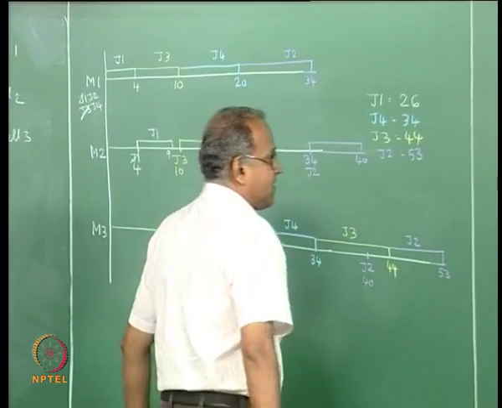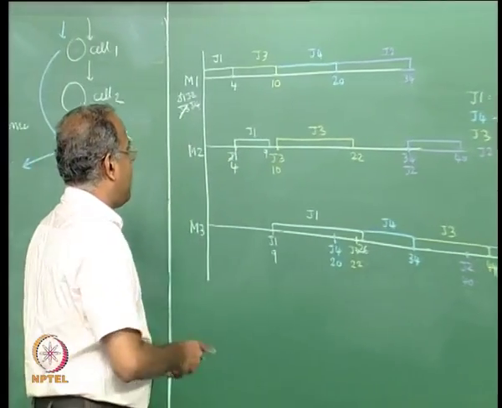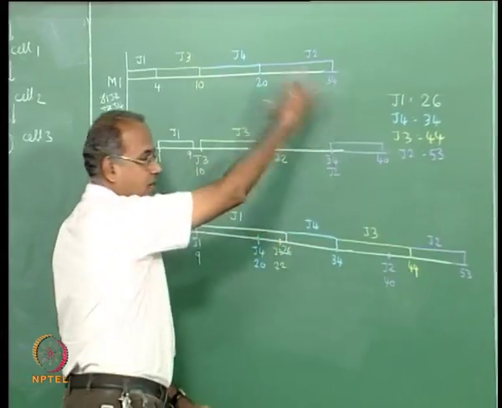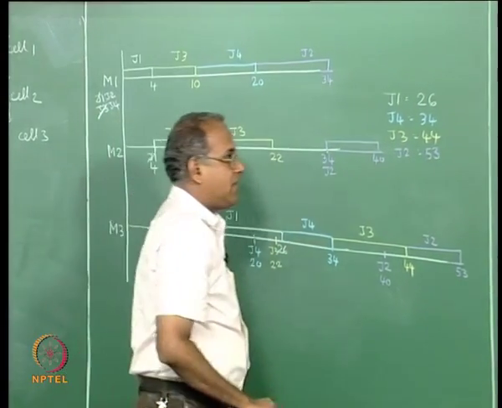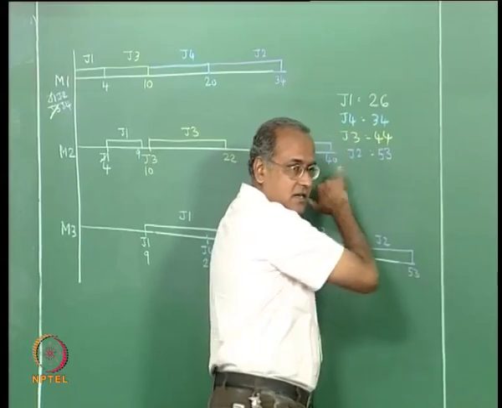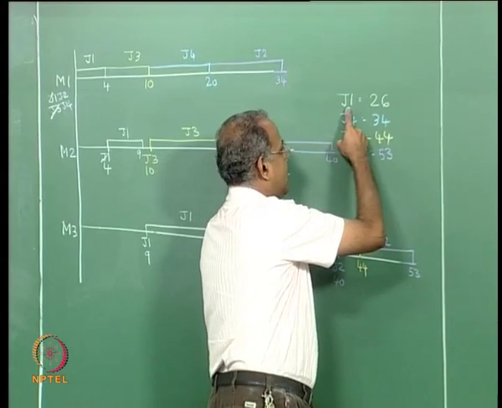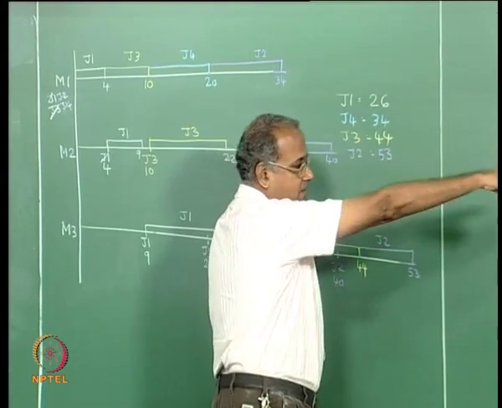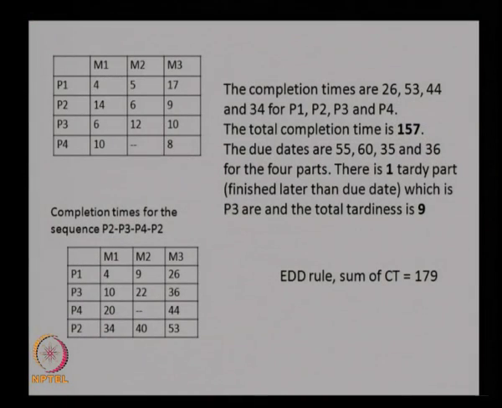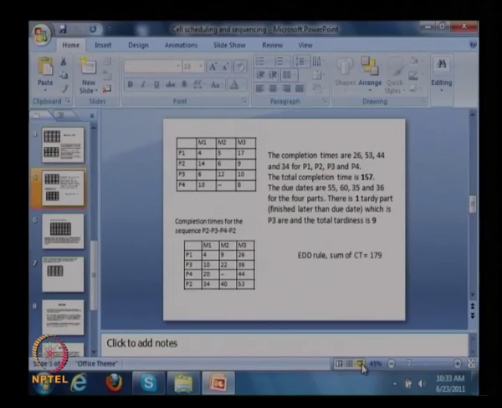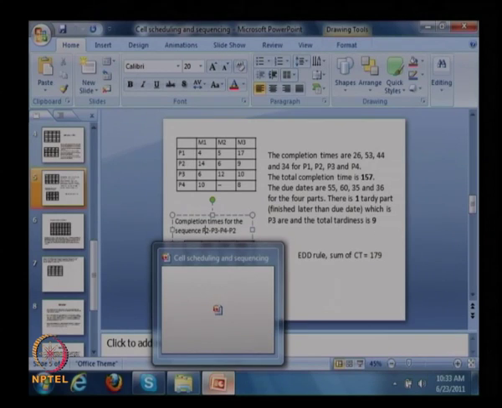Now, we can see the difference here, that when we applied this kind of a job shop scheduling idea, we get a schedule based on shortest processing time, J1 finishes at 26, but there we have computed it for the sequence P1, P3, P4 and P2.